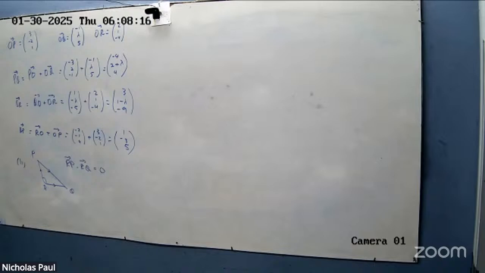Negative QR. So it is negative three, minus one, plus nine.